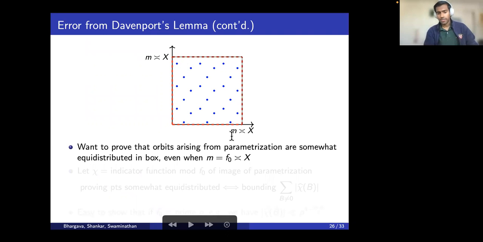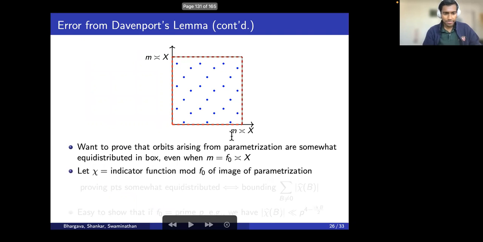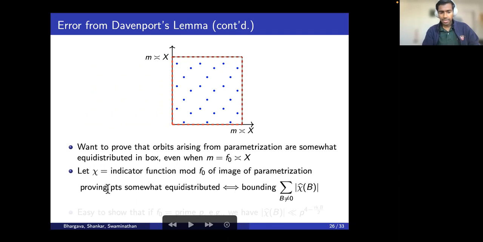We achieved that using Fourier analysis. I'm not going to get into too much of the details here, but very briefly, let chi be the indicator function mod f0 of the image of the parametrization. Then by Poisson summation, proving that the lattice points coming from the parametrization are somewhat equidistributed amounts to bounding the sum over b non-zero of the size of the Fourier transform chi hat of b.